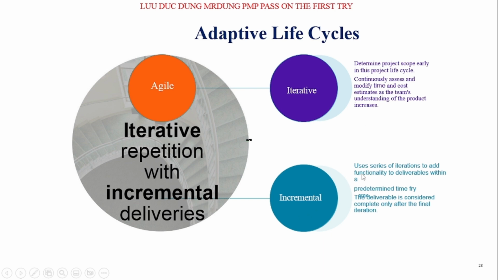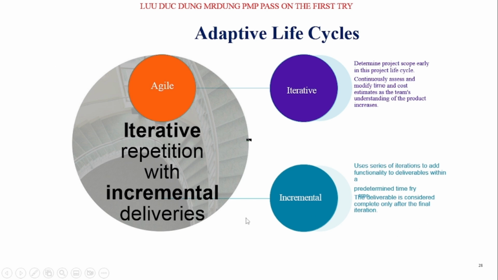Incremental usually uses iterations to add functionality to deliveries within a predetermined time range. The deliverable is considered complete only after the final iteration.